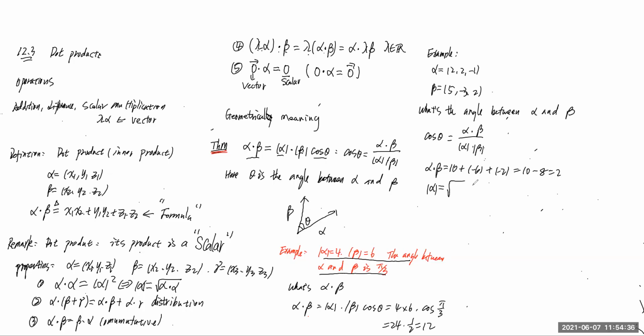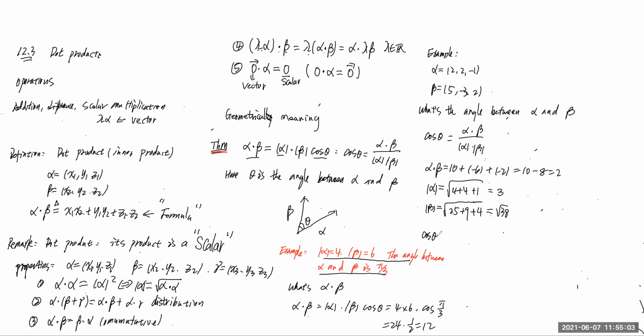So what's the length of alpha? This is 4 plus 4 plus 1, so the length is 3. The length of beta is the square root of 25 plus 9 plus 4, right? What's this? And I hope in the test you can write it my way, because if you write it my way, it's easier to get partial score.